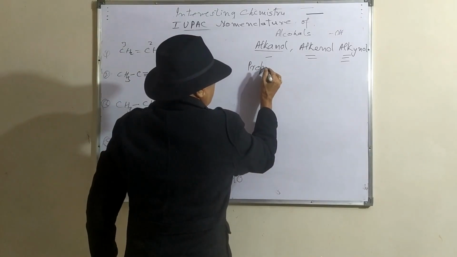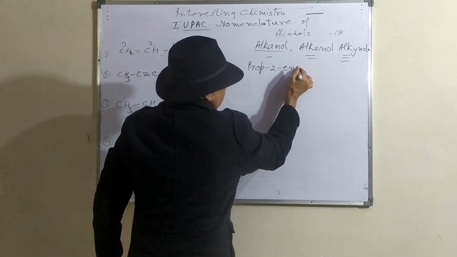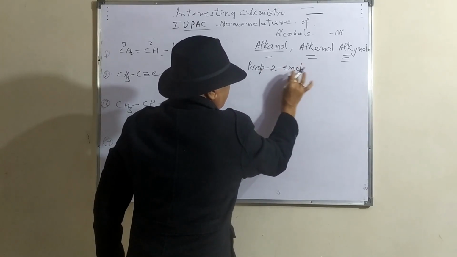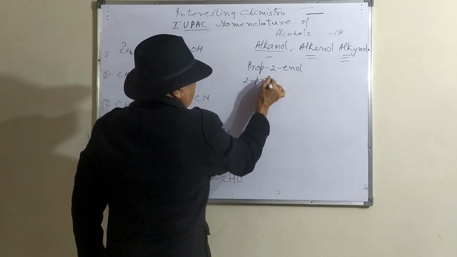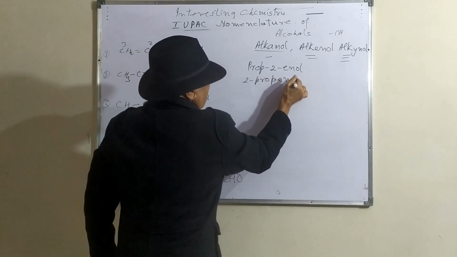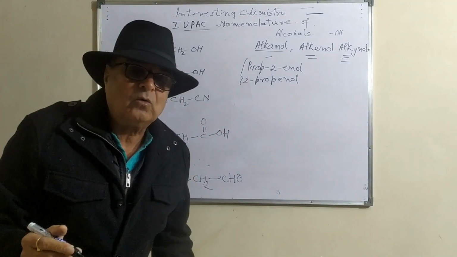So it is prop-2-enol, or you can say 2-propenol. Both the names are correct. Prop-2-enol.